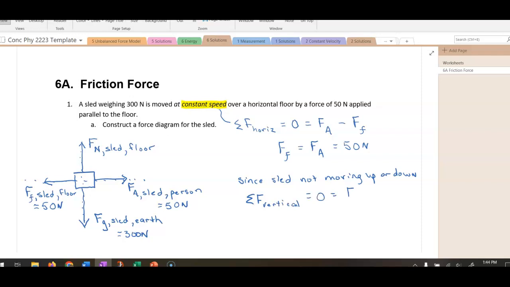And that equals the normal force minus the gravitational force. Because of that, I know that the normal force is the same amount as the gravitational force, which is 300 newtons. So I can label my normal force. So therefore, I know that the normal force and the gravitational force are balancing each other, and the friction force and the applied force are balancing each other.